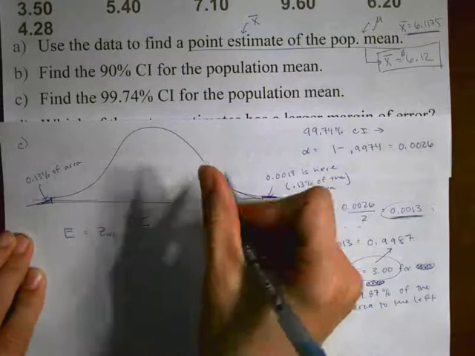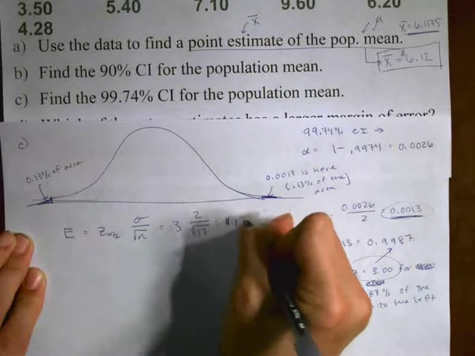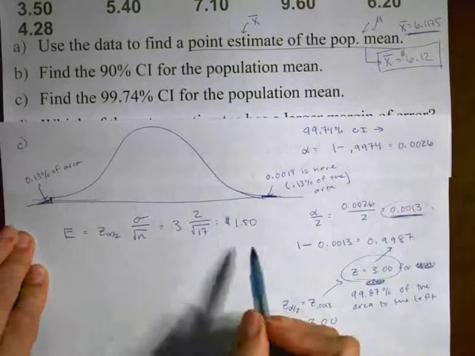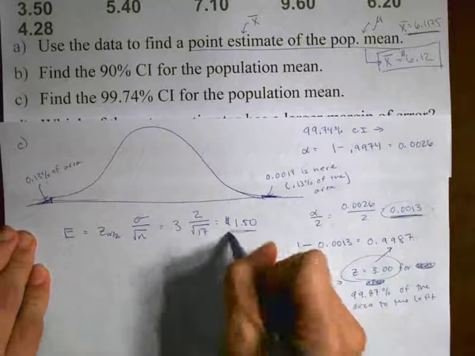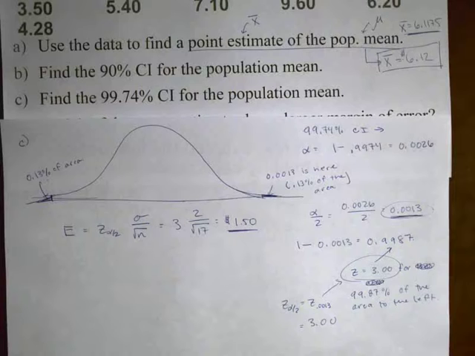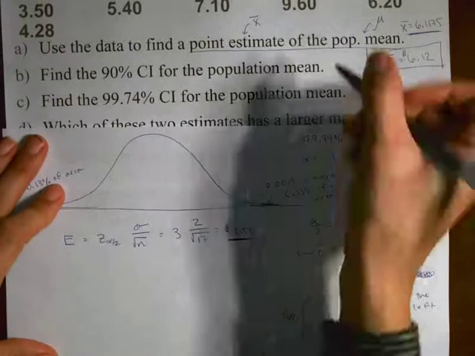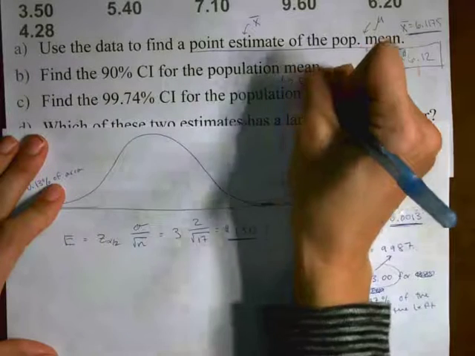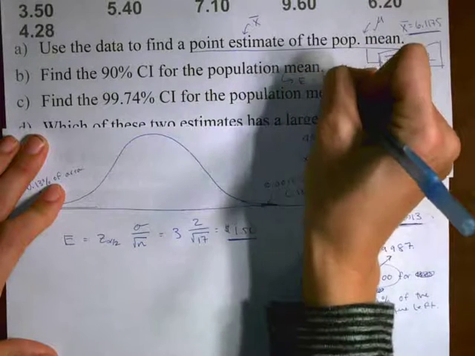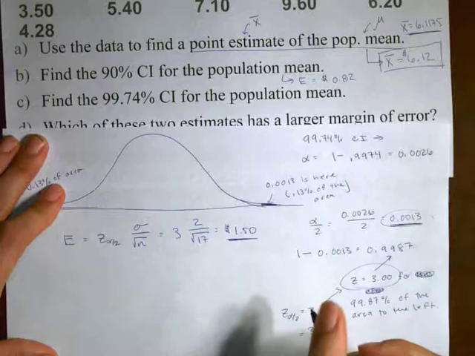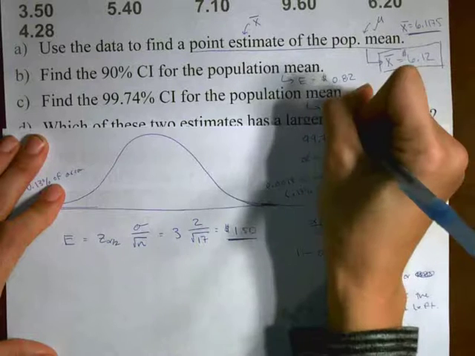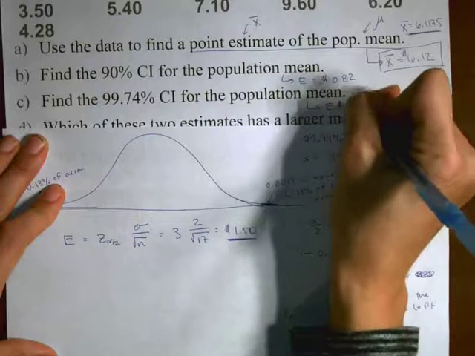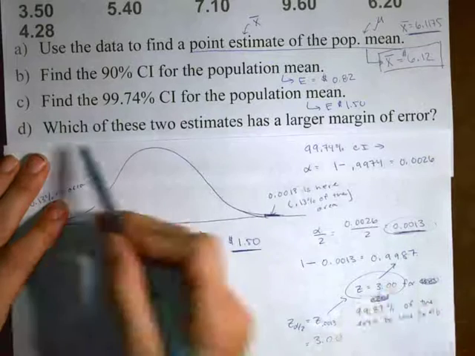So that is 3 times 2 divided by the square root of 17, and that margin of error is 1.5. So we got a bigger margin of error than we found before. And I want to check and make sure that that makes sense. Okay, so for part B, I had a margin of error of 82 cents.